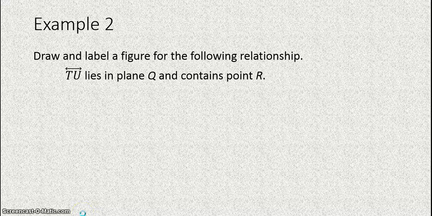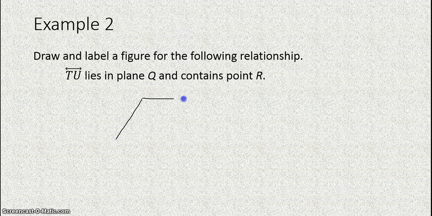Okay, for example 2, I want you on your own to draw and label a figure that goes with this following relationship. So pause this and try to do it on your own first. All right, it says line TU lies in plane Q and contains point R. So I need plane Q. So let's go ahead and draw my plane. I need to label it as plane Q. The line TU is somewhere in that plane.